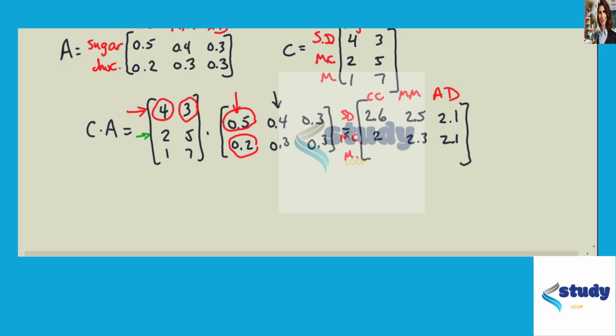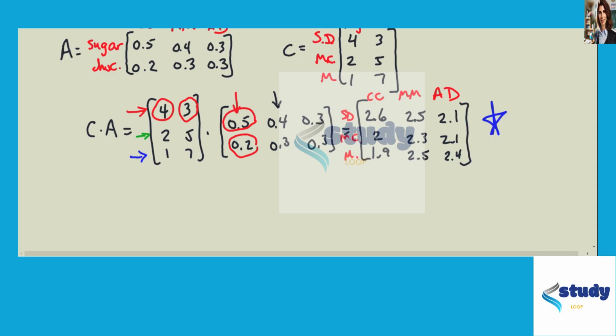And finally, let's do the third row. This corresponds with Managua. And I'll do each of the three columns corresponding to my three candies. I get 1.9, 2.5, and 2.4. Okay, so let's just review how we would read this final matrix, the one I just marked in blue.